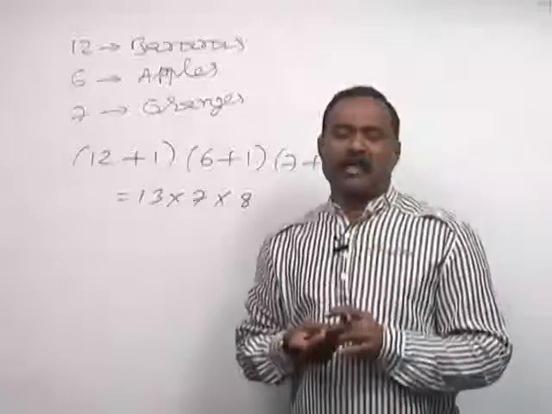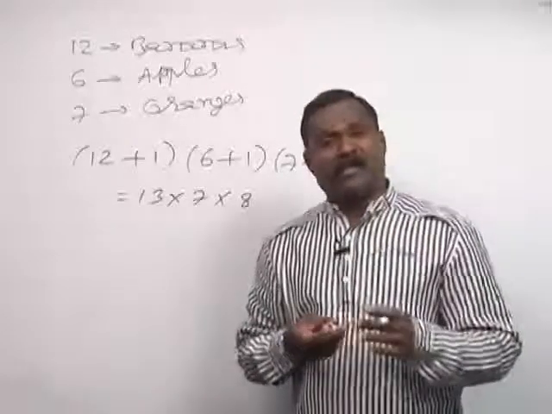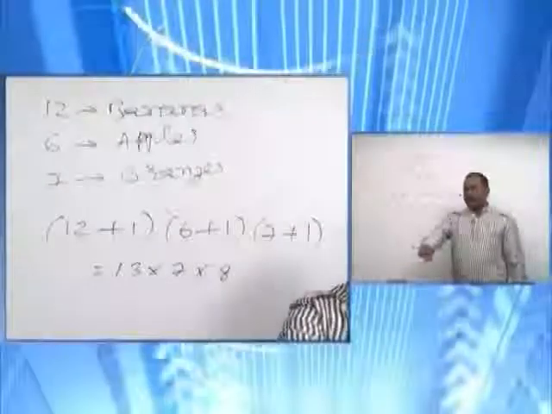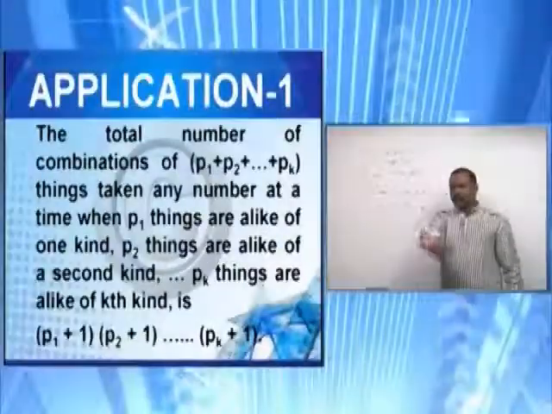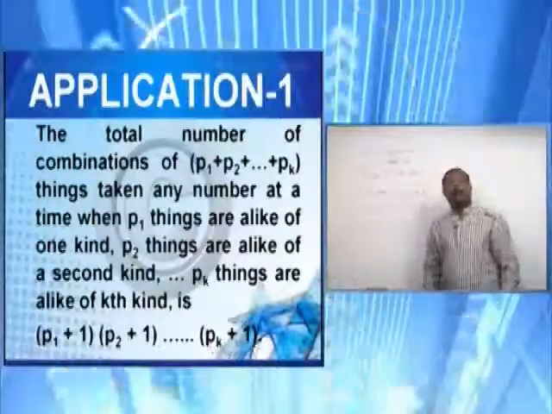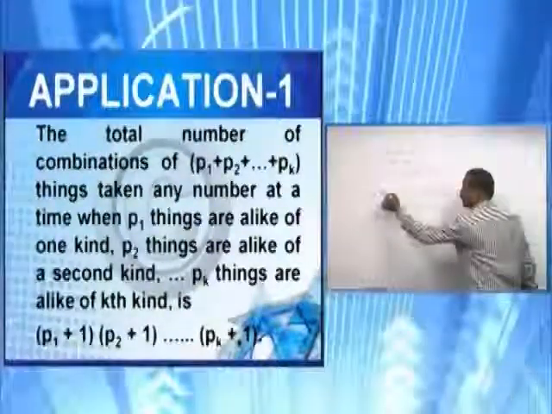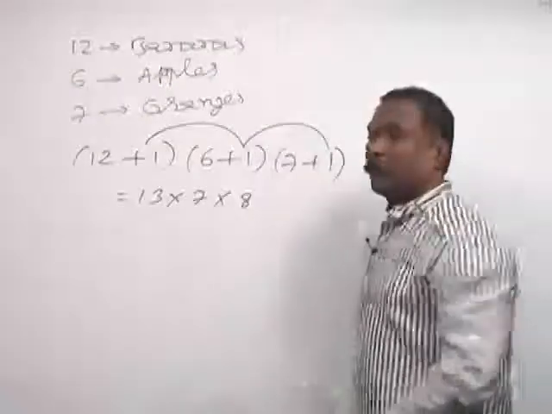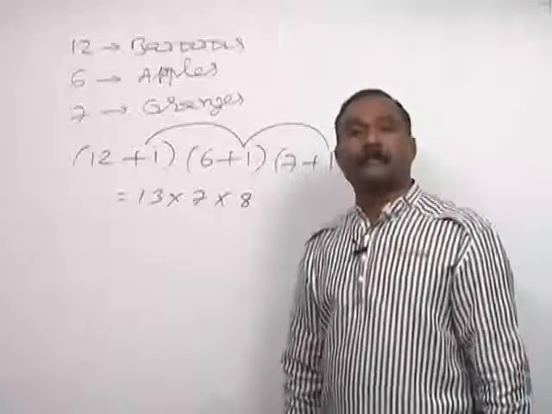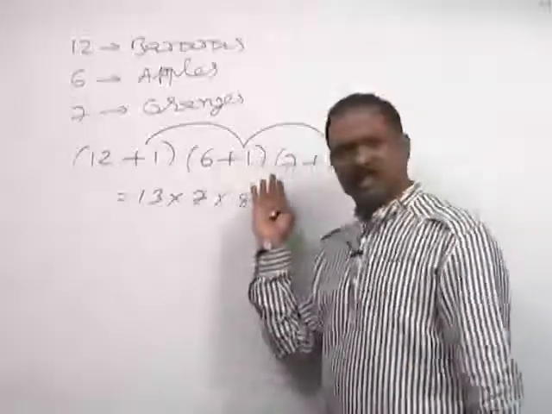Then all these things can be taken or selected in how many different ways? (P1 plus 1) into (P2 plus 1) into (P3 plus 1) and so on into (Pk plus 1) different ways. What does this plus 1 stand for? Plus 1 stands for not taking anything. Not taking anything is also included in this one.